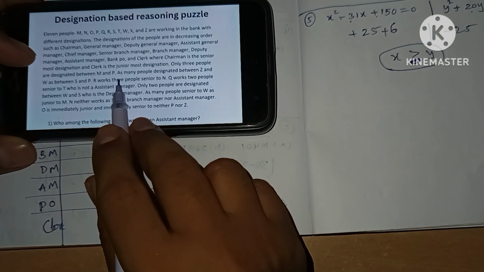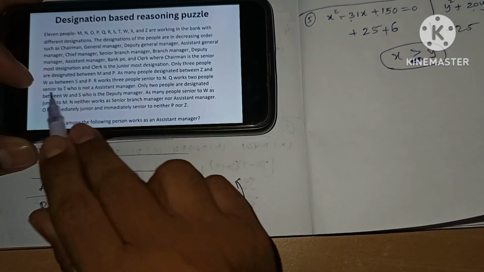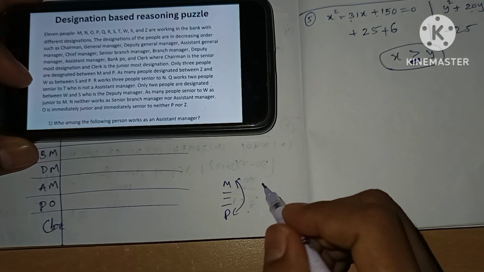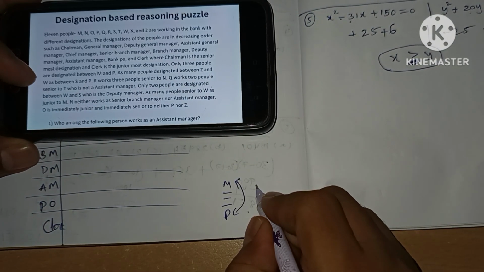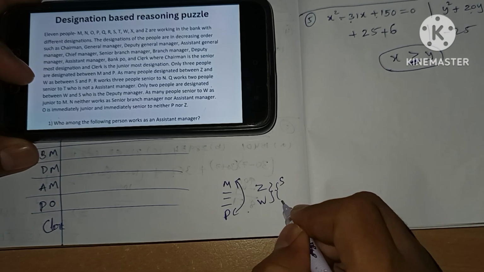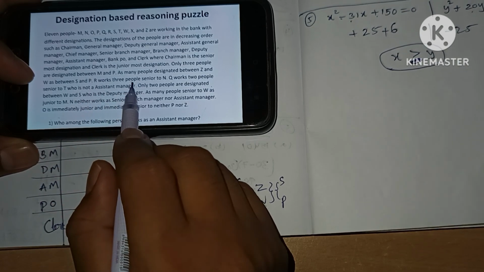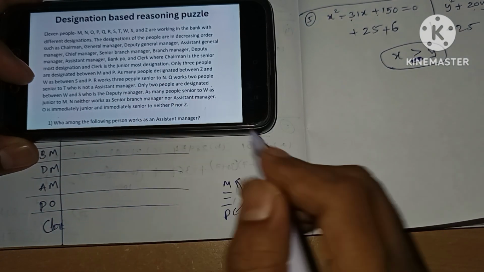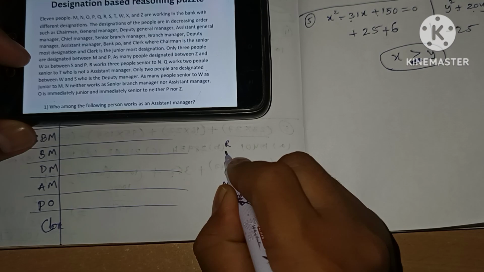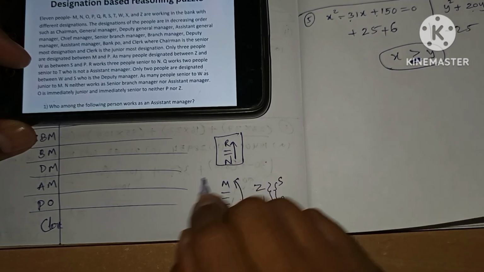Next, as many people designated between Z and W as between S and P. R works three people senior to N. This one.